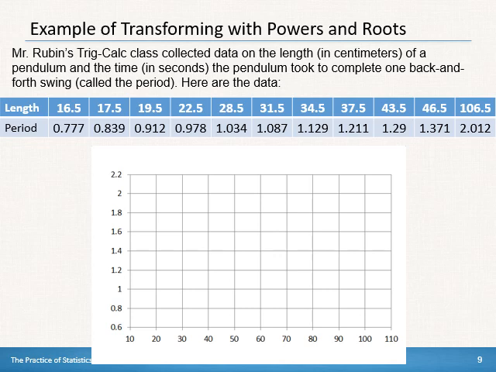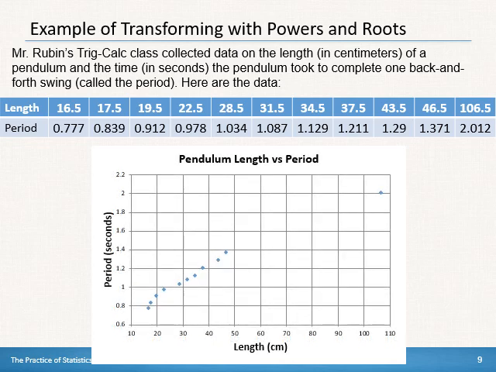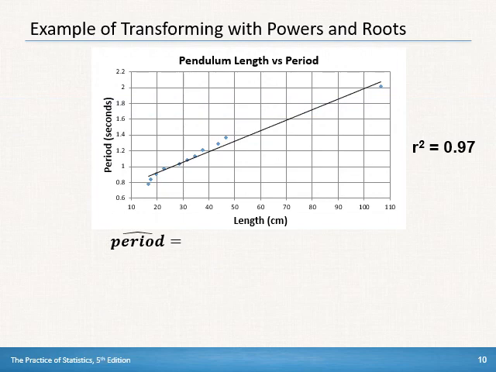And so I've already kind of set up a scale for us here, and we could plot this data. And you can see it looks kind of linear. Once we put the best fit line on there, then it's starting to look maybe a little bit problematic. If we ran a least squares regression, we got an R² value that's really high, 0.97.